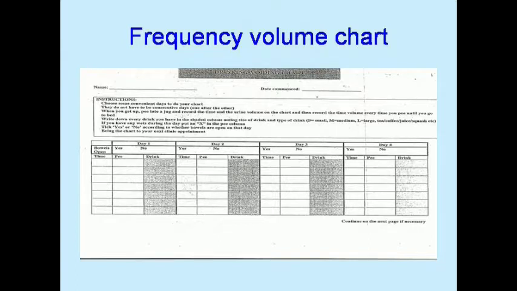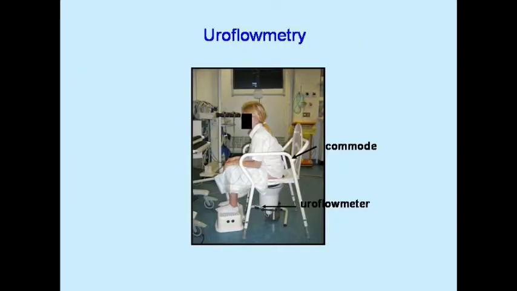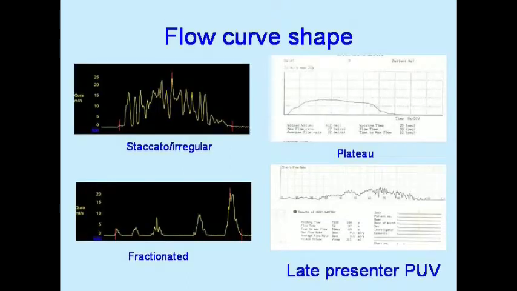A simple frequency volume chart, with which we are familiar. This is the format which we use, where there's recorded amount and nature of fluid intake, frequency of voiding, and the voided volumes, along with the opening of the bowel information. Simple uroflowmetry. Some of the uroflowmetry flow curves I've just put up.